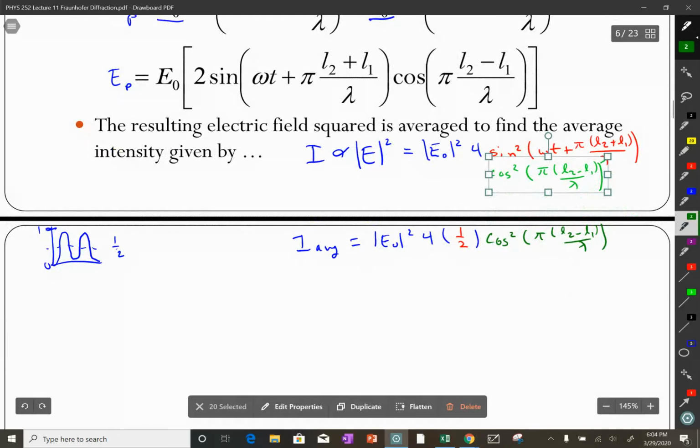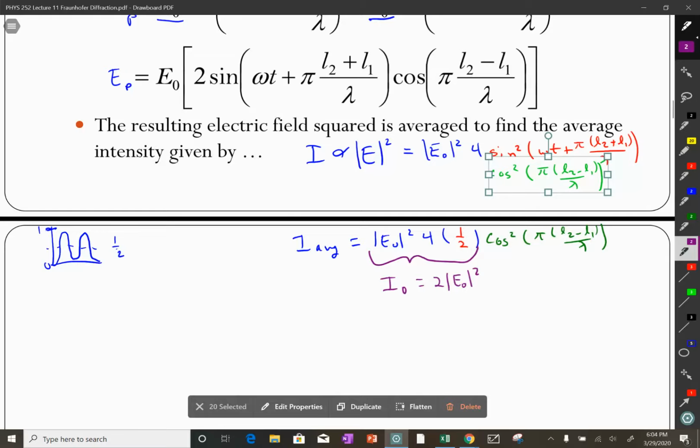So we will combine and call this here our peak intensity that we get from the double slit. And then we have this modulation, this spatial modulation, because L2 minus L1 has to do with distance.